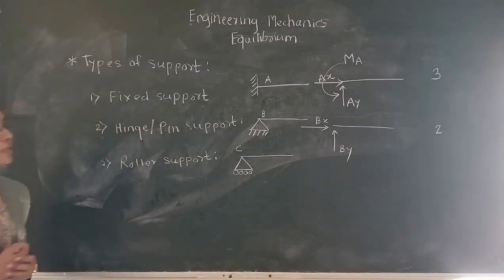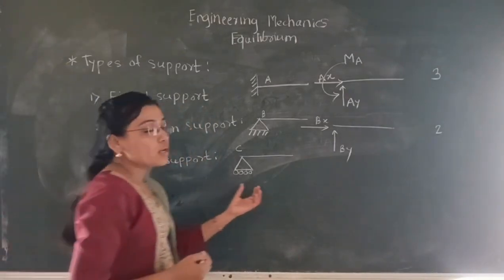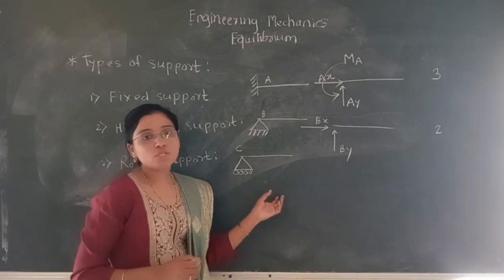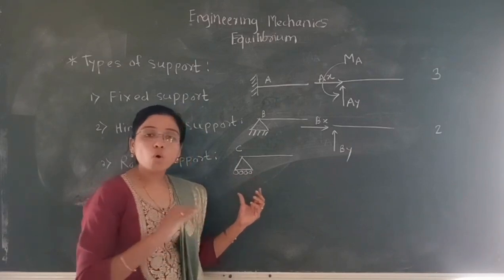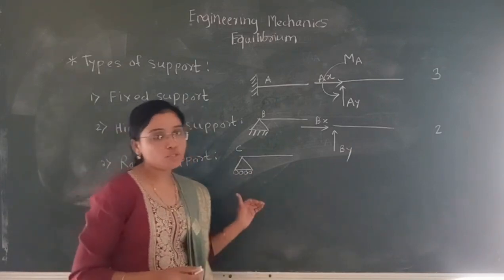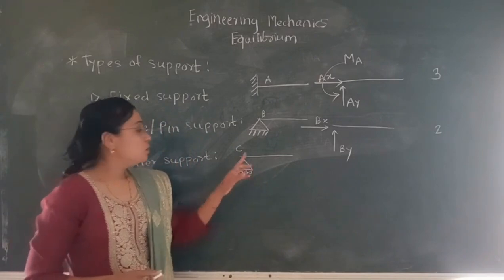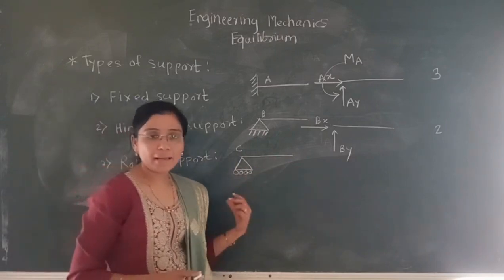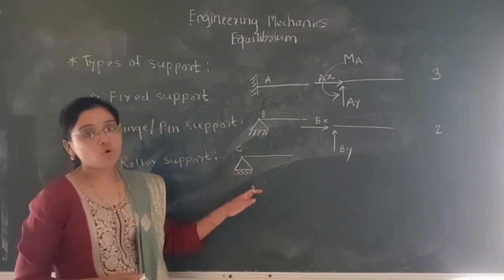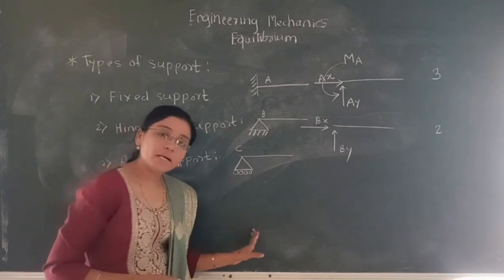Our next support is roller support. Roller support shows motion in the horizontal direction, so there is no restriction for horizontal motion. It shows rotation as well as motion in the horizontal direction, but it will not show motion in the vertical direction.